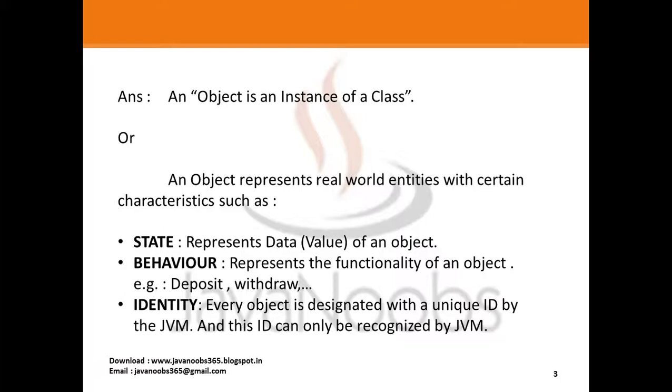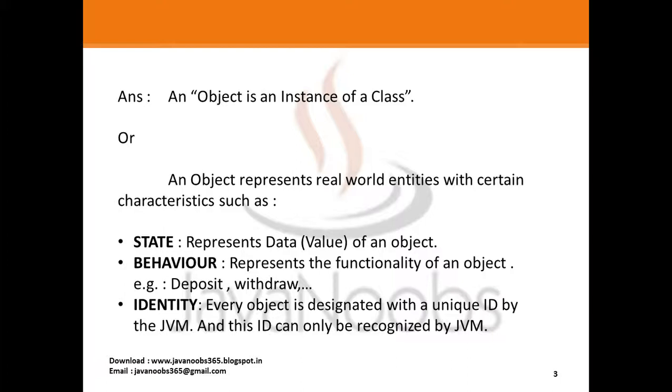And identity: every object is designated with a unique ID by the JVM, and this ID can only be recognized by the JVM. Whenever we create an object, the JVM assigns an address to it, and this address is unique for every object.